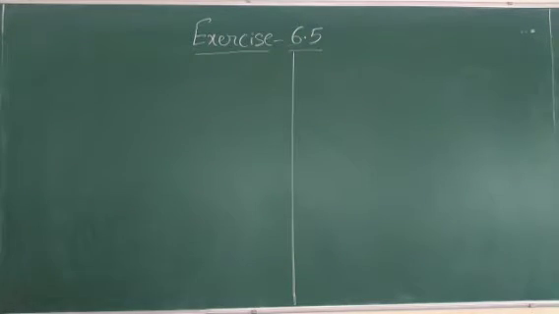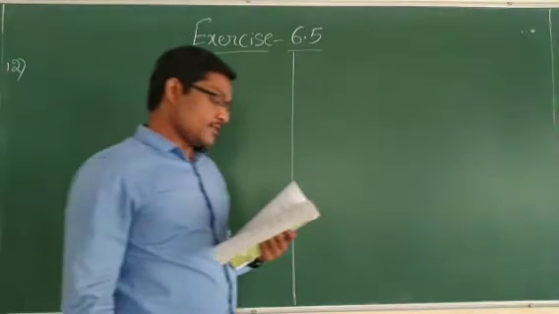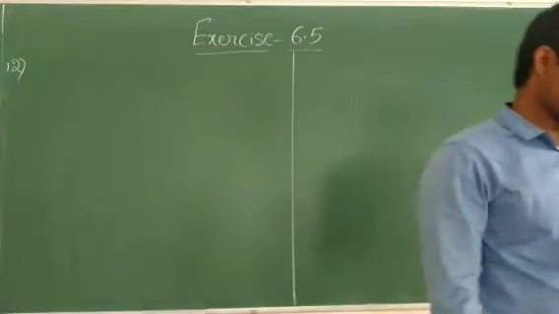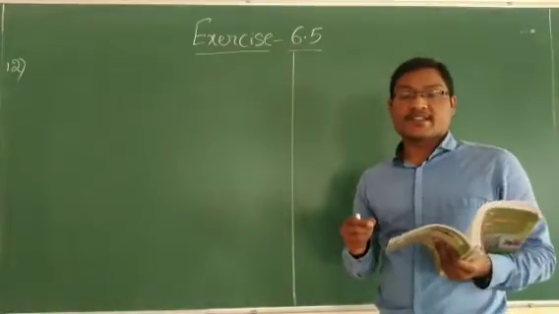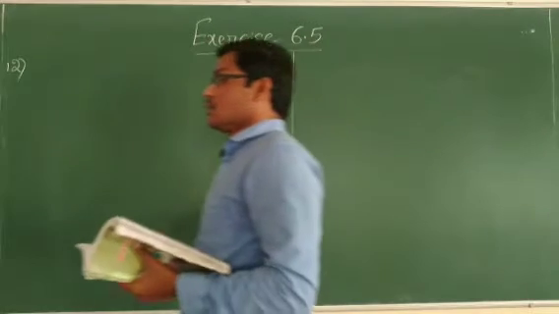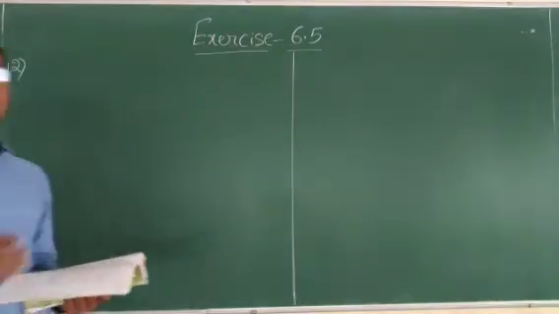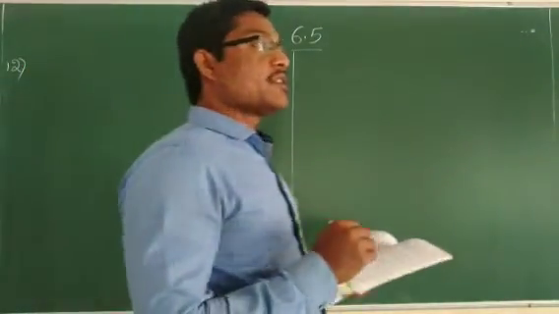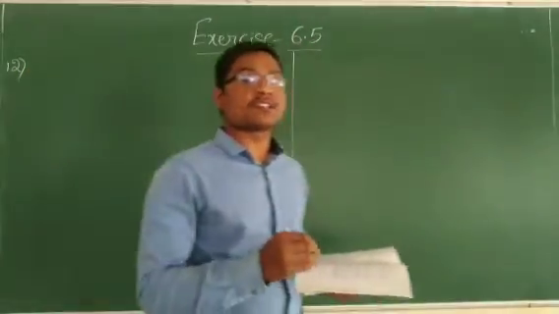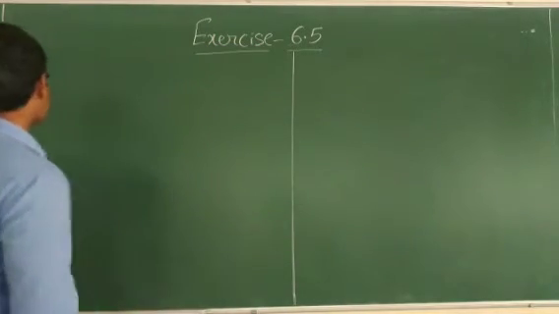Next question. Find two numbers whose sum is 24 and whose product is as large as possible. The sum of two numbers is 24 and the product is maximum. Large as possible means the product of two numbers is maximum.